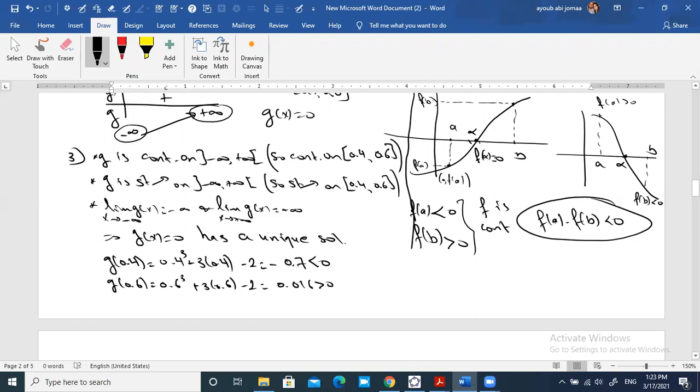One is negative and one is positive, which means g of 0.4 times g of 0.6 is negative. It means that g of x equals 0 has a unique solution alpha and this alpha belongs to the interval.